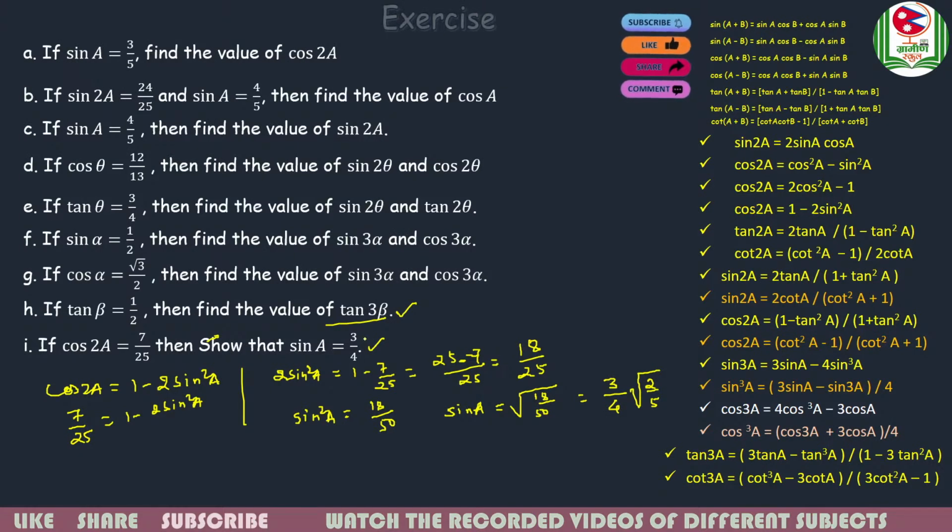So here in this result we have left, that is sin A equals 3 by 4. 18 and... 5 4 is 20.